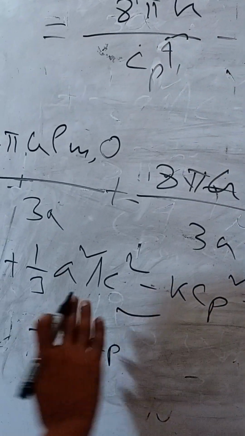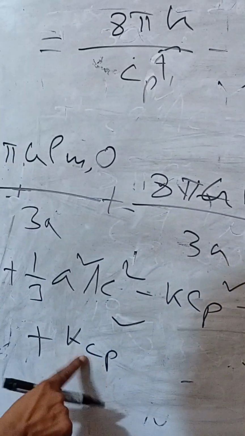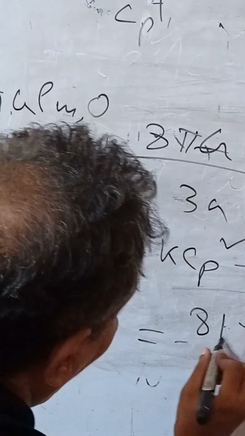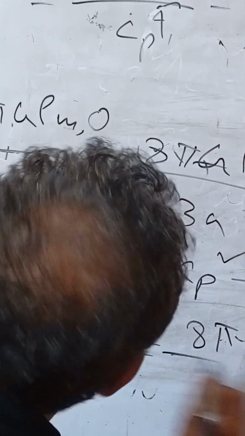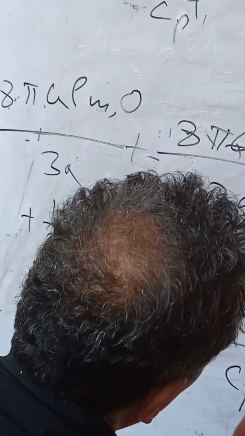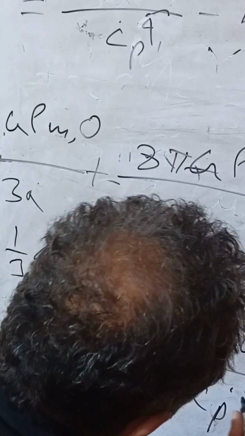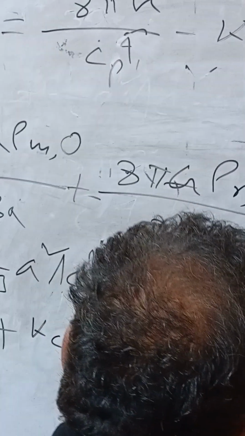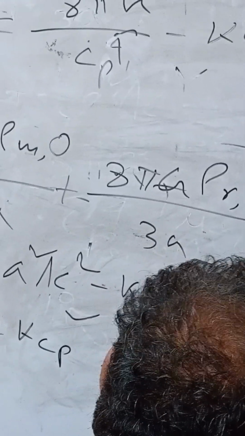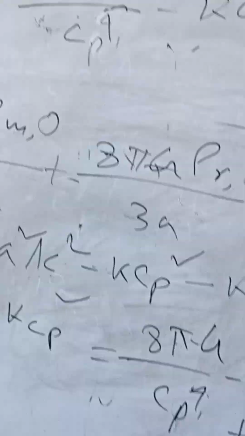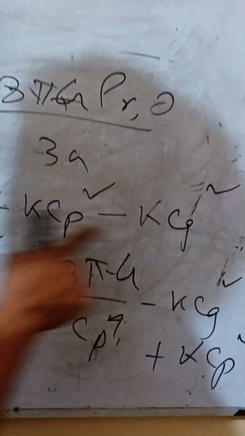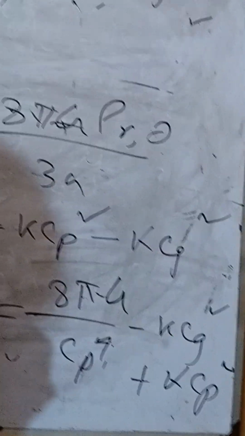I am adding both sides. K Cp square is equal to 4 pi G Cp 4 and minus K Cg square plus K Cp square.